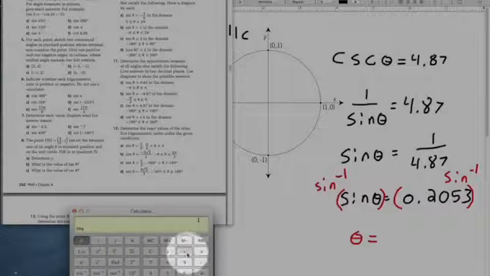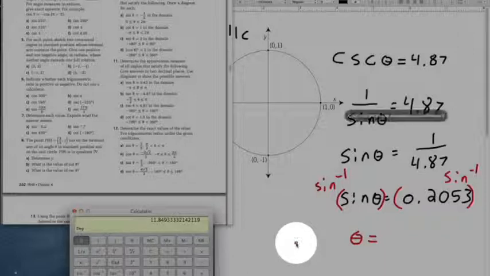So let's go 1 divided by 4.87. I get my 0.2053, right? Notice how degrees or radians doesn't change normal math. It's only when I work with trig functions. So I'm going to hit sine -1 on that, and the answer I should have is 11.85. I'm going to round off to 2 decimal places because that's what the question told me to do.